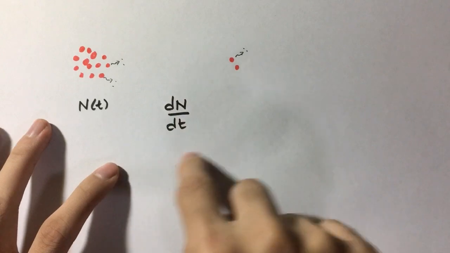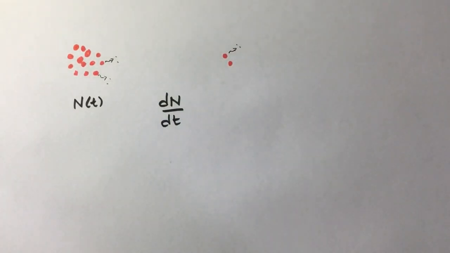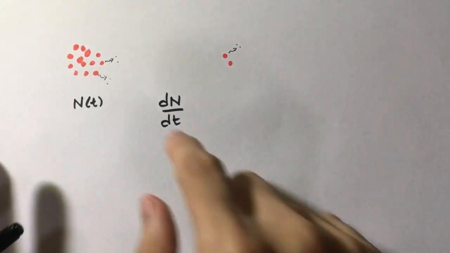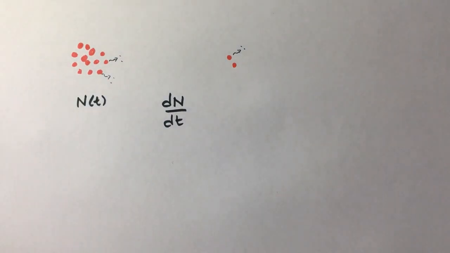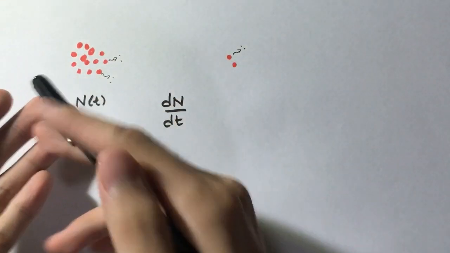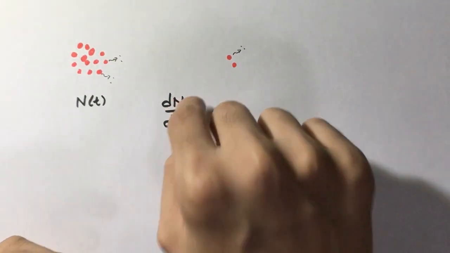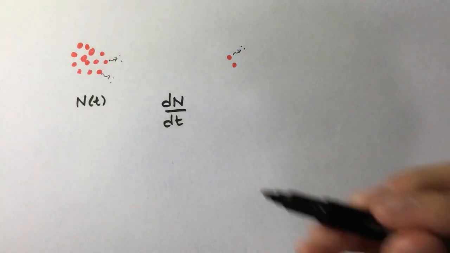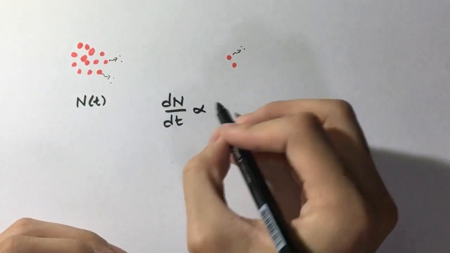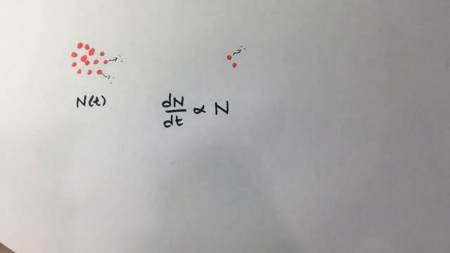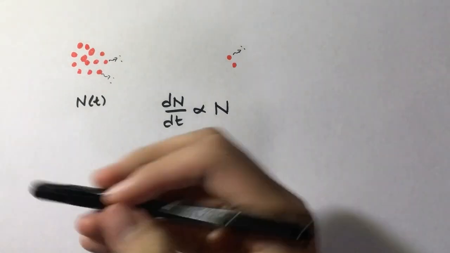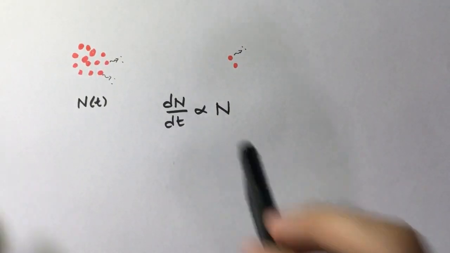So we know that the rate of decay should depend on how many atoms we have. If you have more atoms, there's going to be more decay. If there are fewer atoms, there's going to be less decay. So we can say that the rate of change of the number of particles might be proportional to the number of particles that we have. So dn/dt is proportional to n.